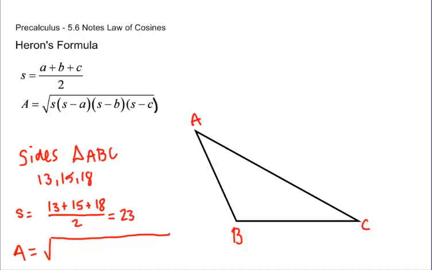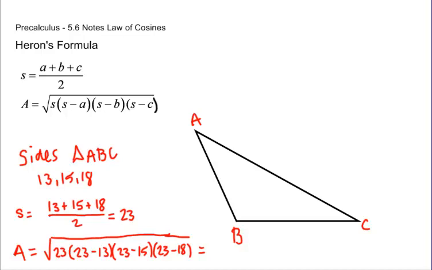So 23 times S minus A. Well, 23 minus 13. Times S minus B, 23 minus 15. Times S minus C, 23 minus 18. Punch that into your calculator and you will get an answer, or you can punch all that in and reduce your radicals.